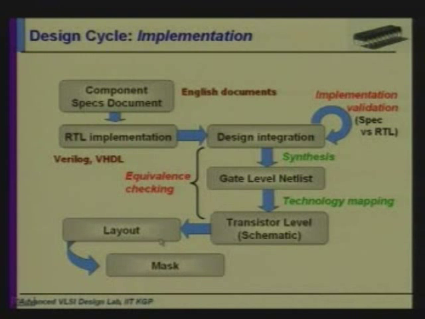Now, if we get a clearer view of the implementation part, it has the following steps. We start with some component specification document, which is basically an English document that gives a high level description of what is expected from that component. Then the designer makes an RTL implementation of that.